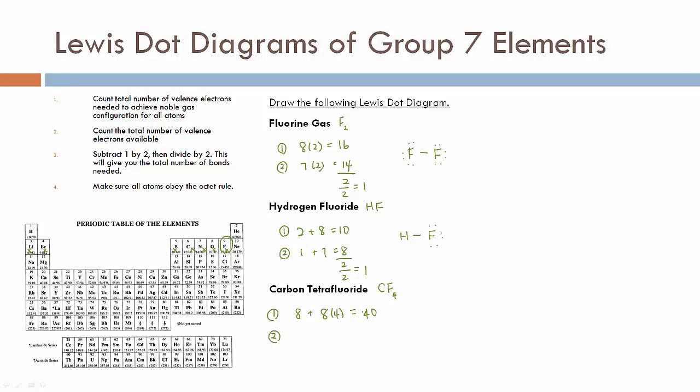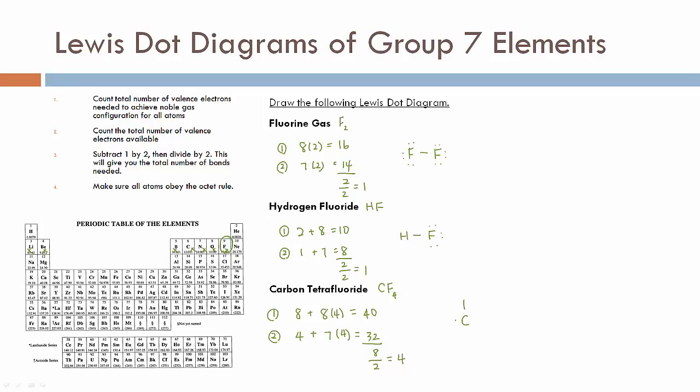Second step, carbon has 4 valence electrons, whereas each of the fluorines has 7 valence electrons, so it's 7 times 4. Now, you subtract 40 by 32, you get 8. 8 divided by 2 is 4.